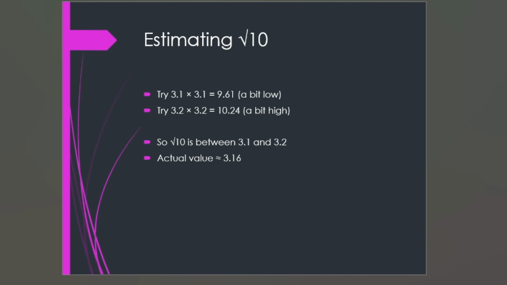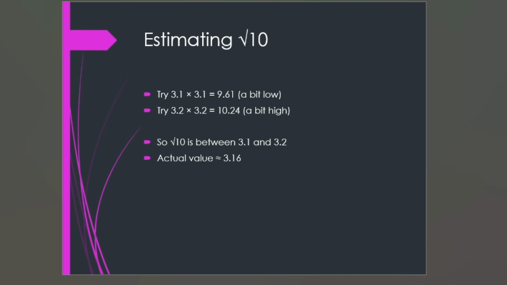Estimating. Now, we test small guesses, so try 3.1. 3.1 times 3.1 is 9.61. A bit too small. Try maybe 3.2. 3.2 times 3.2 equals 10.24. A bit too big.